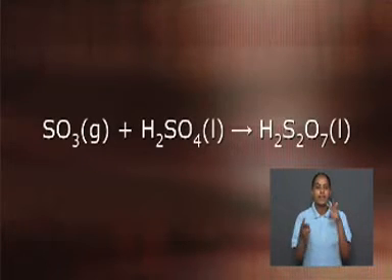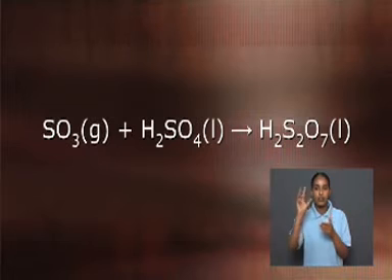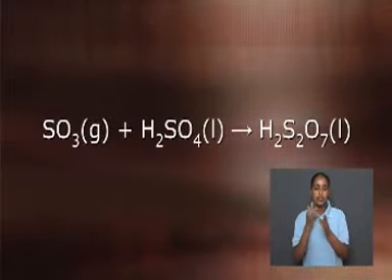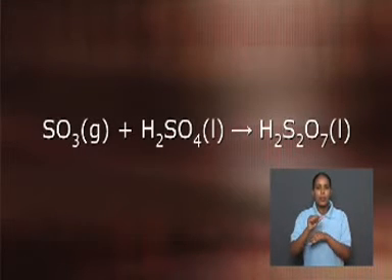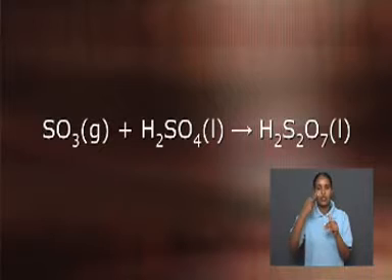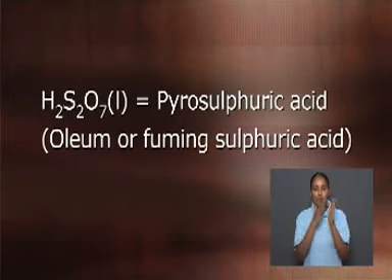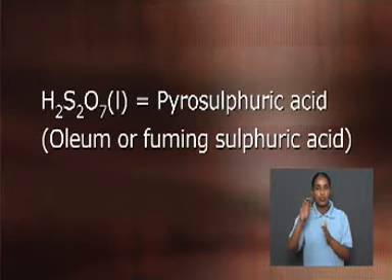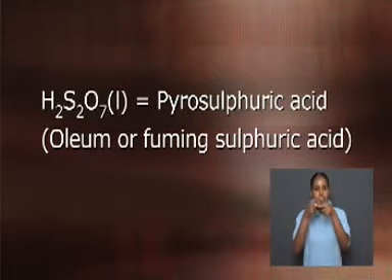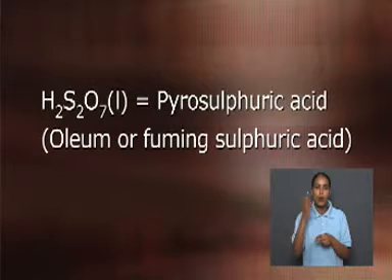In the third step, the sulfur trioxide that is formed is then passed into concentrated sulfuric acid. This reaction produces pyrosulfuric acid, which is also known as oleum or fuming sulfuric acid.